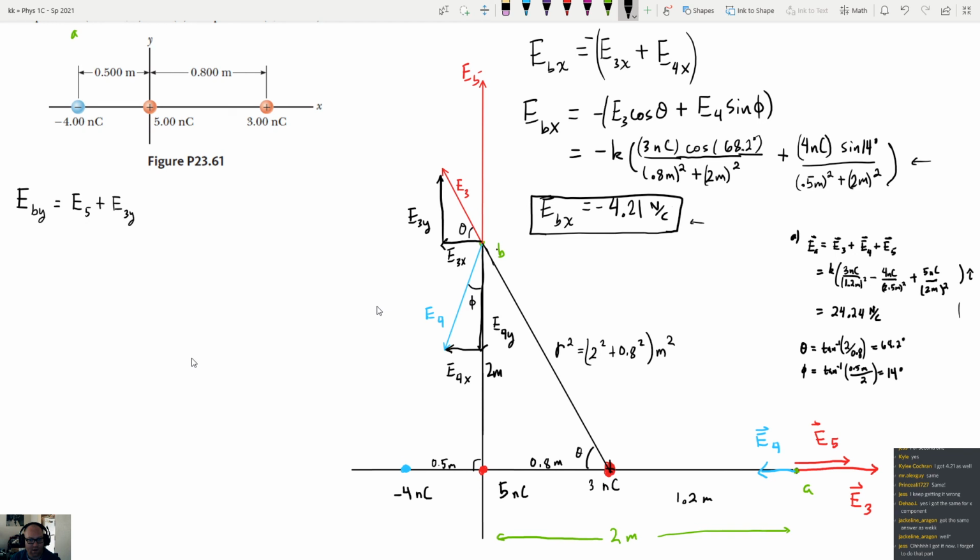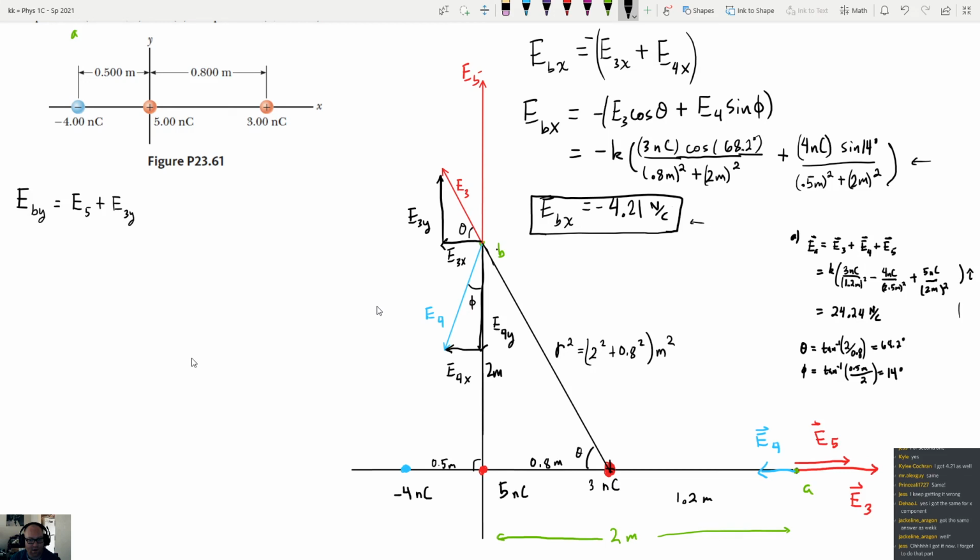So we've got our k in every term. For E5, what's the distance between the 5 nanocoulomb charge and point B? Just 2 meters, right?